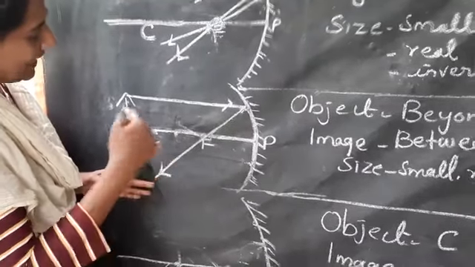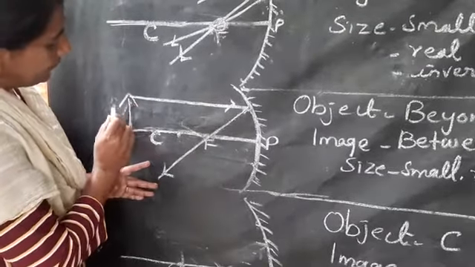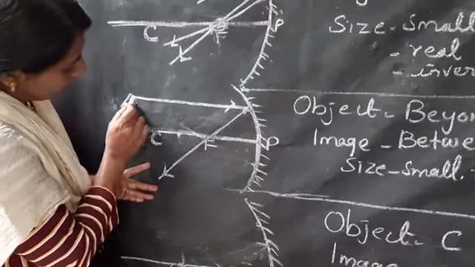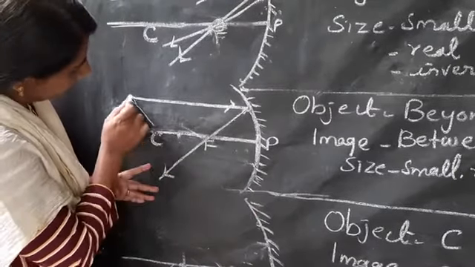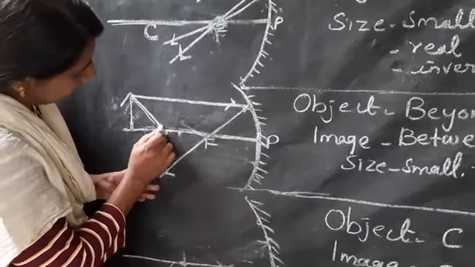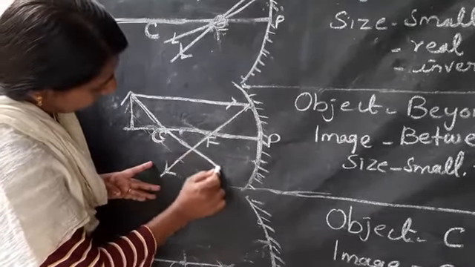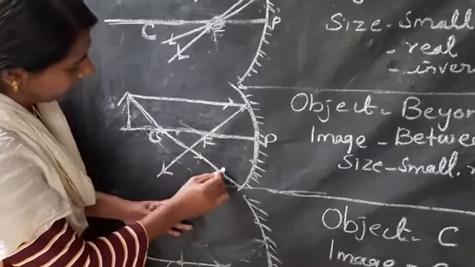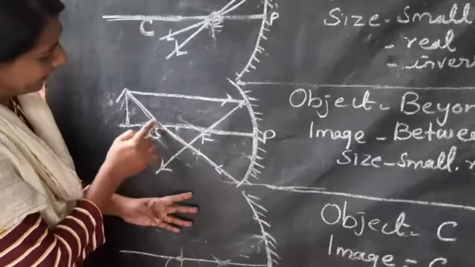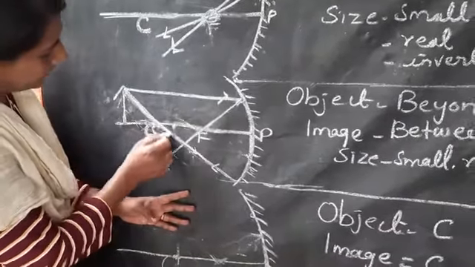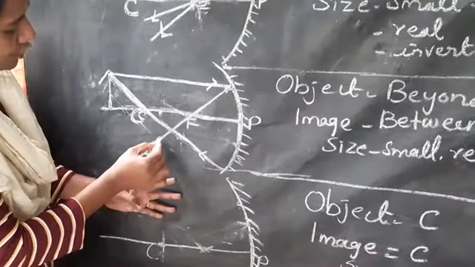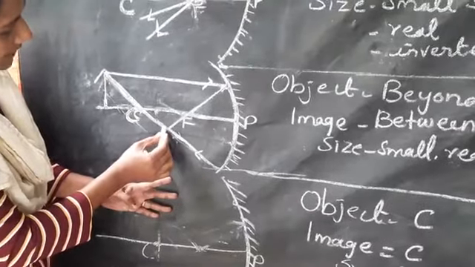I am going to use another condition. If the ray goes through C, suppose C is here, after reflection also it will go through the same direction, isn't it? That's what we learned. So, where these 2 rays meet, just look here.